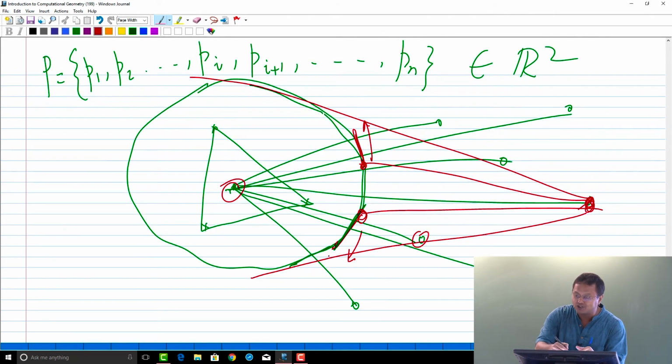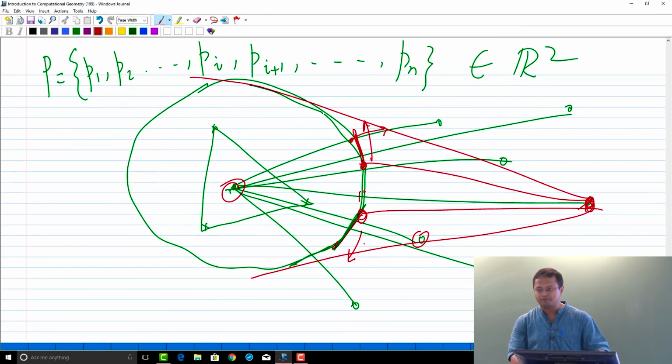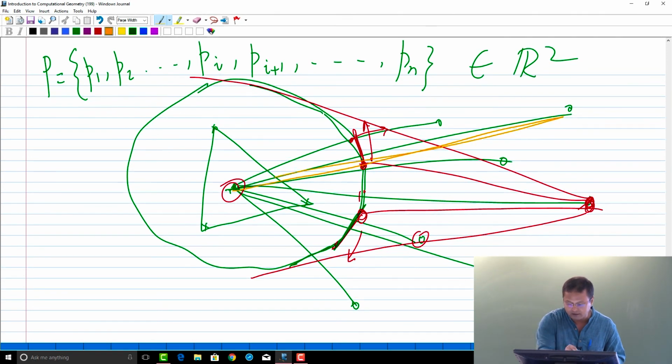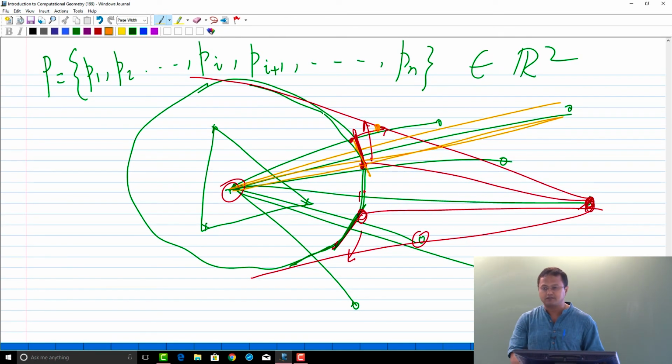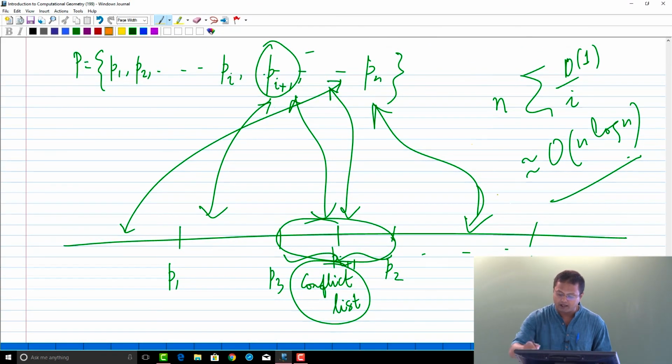So, I take this conflict list and point it to the new edge that has come. This line was earlier conflicting with such an edge, now it should be reassigned to this edge. Again the same structure and the same analysis.